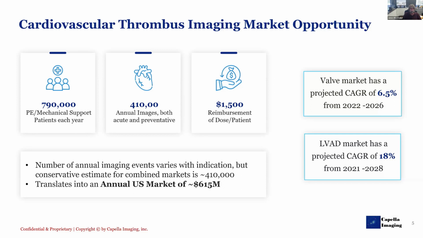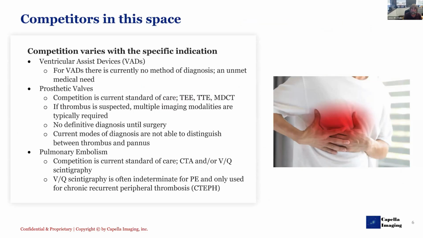And altogether, this represents a market of about $615 million. The valve market is expected to grow significantly, as well as the LVAD market. So it is a growing market, despite the fact that it's not good news if you're a human. It's potentially good news for our product.